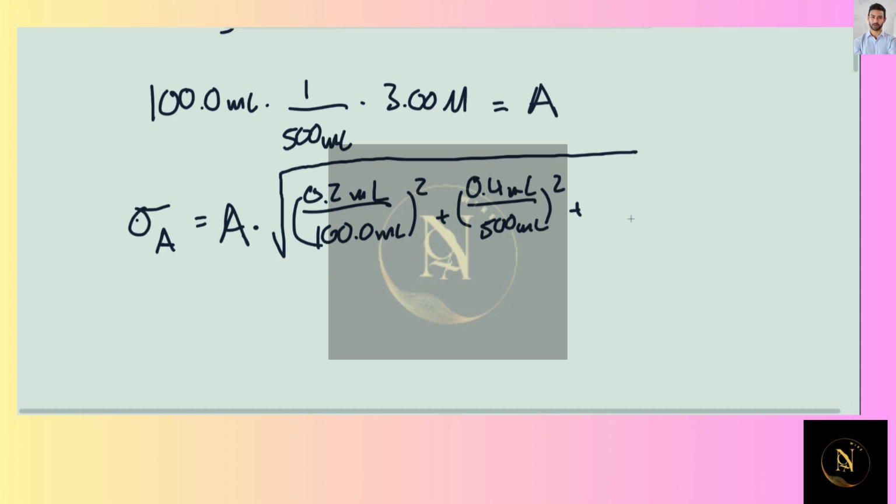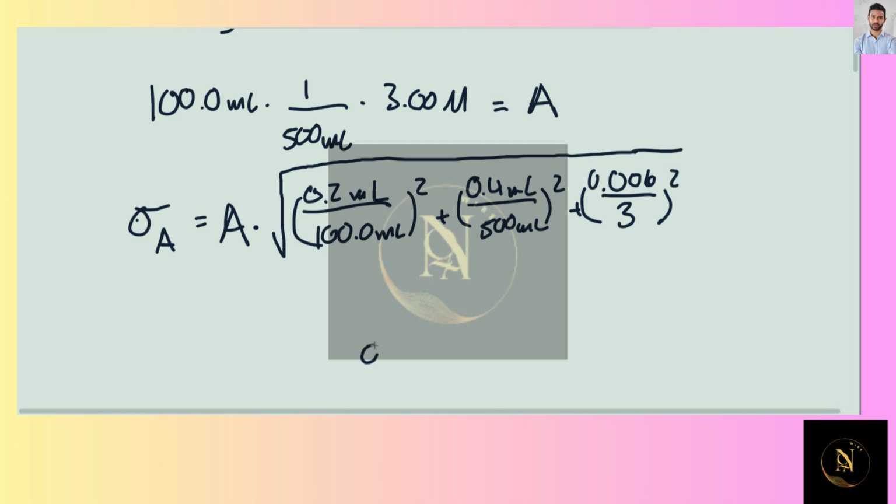I can only assume it's meant to be a 2% uncertainty or a 0.2% uncertainty. They don't really say. So 1% would be 0.3, so it should be 0.006 over 3, all squared.